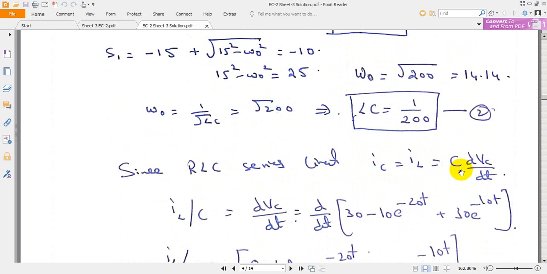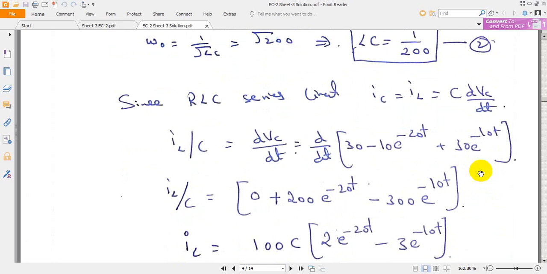Another expression to evaluate the current flowing through the capacitor in terms of voltage can be written as C dV by dt, voltage across the capacitor differentiated with respect to time. So from here you can write IL by C, bring C this side, you will get IL by C is equal to dVC by dt.